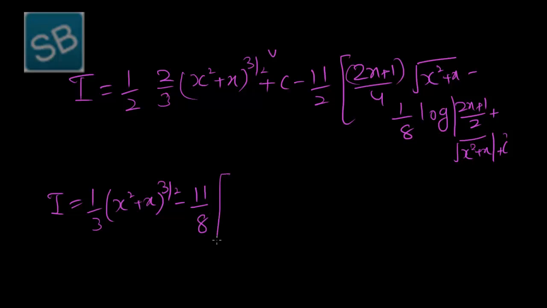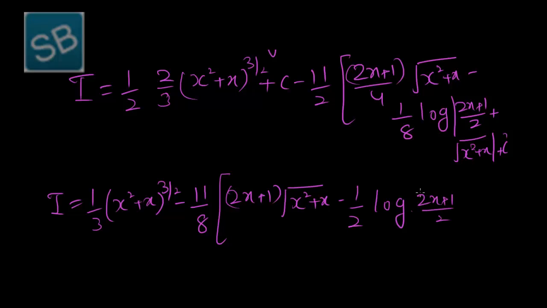In the bracket we will have 2x plus 1, because 4 is taken out, under root x square plus x, and as 8 is there and 4 is taken out, here we will remain with 1 by 2 log of (2x plus 1) over 2 plus under root x square plus x, plus c double dash, where c double dash is c plus c dash, the constant of integration.